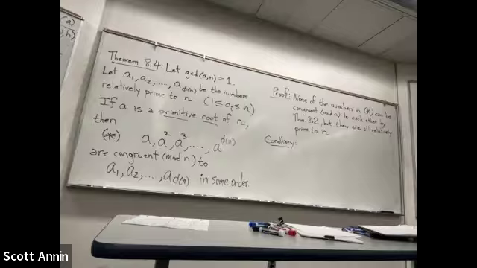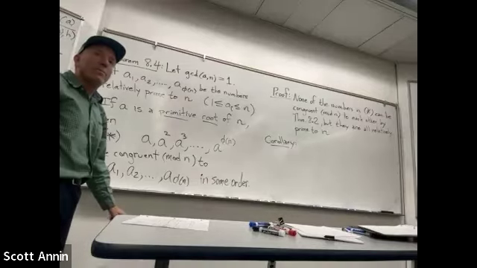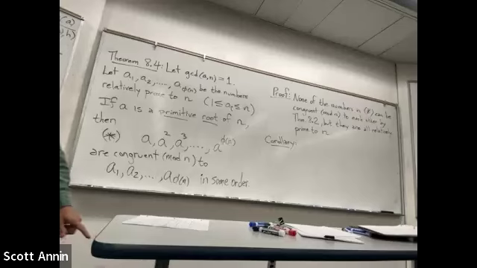So the numerator is phi of n. The denominator is the GCD of phi of n with H. So it's just how many H's are relatively prime to phi of n. That is better known as phi of n.